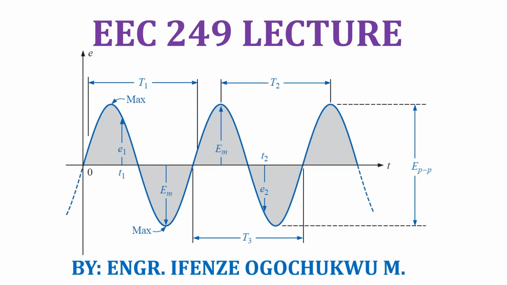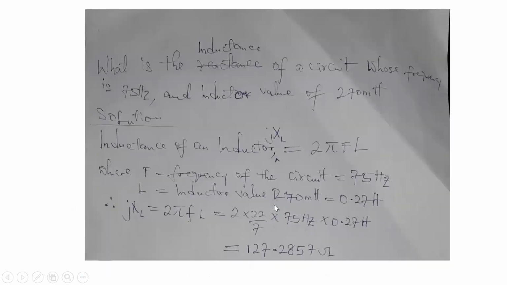Yes, sir. Okay. So, like the last time we did inductance, and this formula you are seeing here was given. I believe you should know that we use it to find the inductance of an inductor.